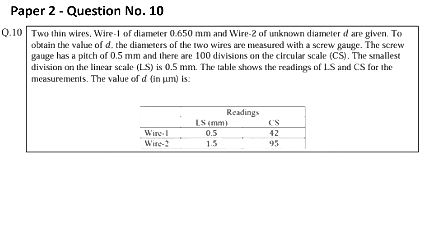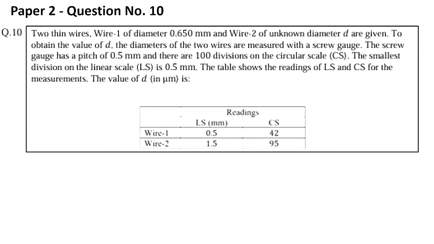So we are doing the paper, question number 10. We have two thin wires. Wire 1's diameter is given and wire 2's diameter is unknown, that is small d. We have been given two tables. First of all, we'll check whether we have zero error in this question or not.